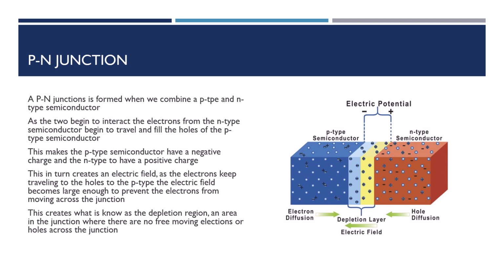This process continues and creates an electric field. Eventually, the electric field will become so large that it prevents the electrons from crossing over the junction. This creates what is known as the depletion region, an area in the junction where there are no free-moving electrons.